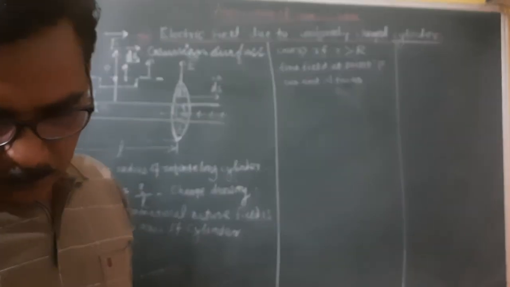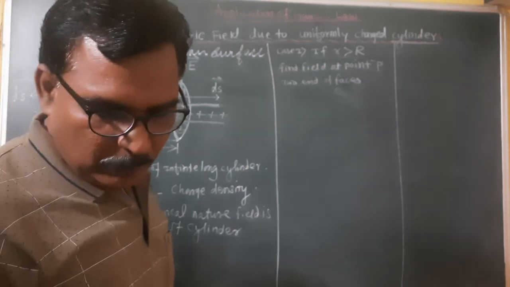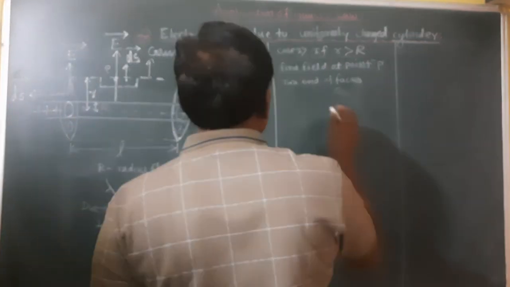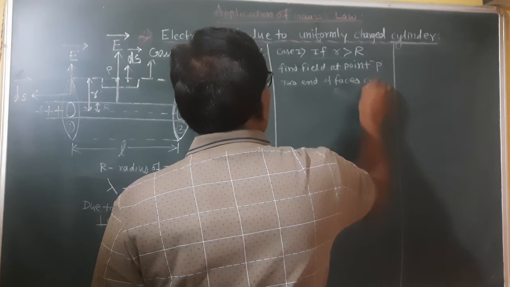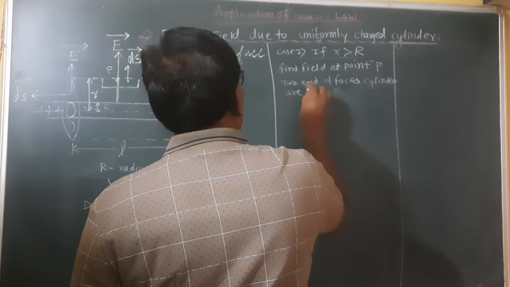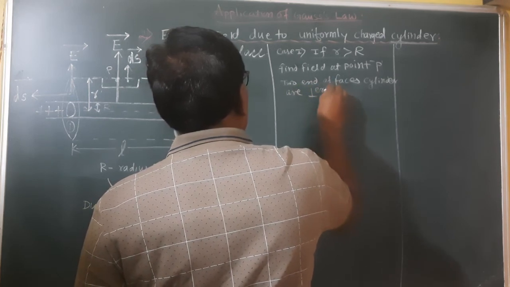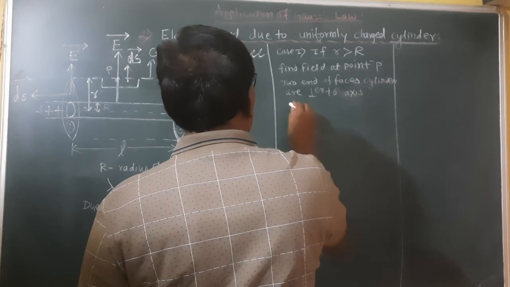In the two end faces, 1 and 2, the cylinder faces are perpendicular to the axis.